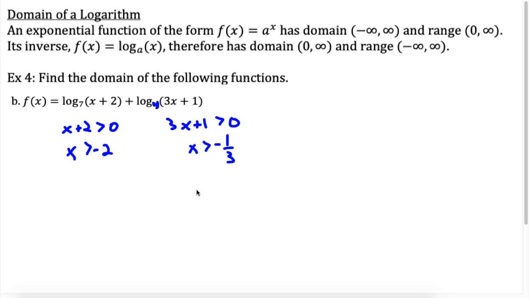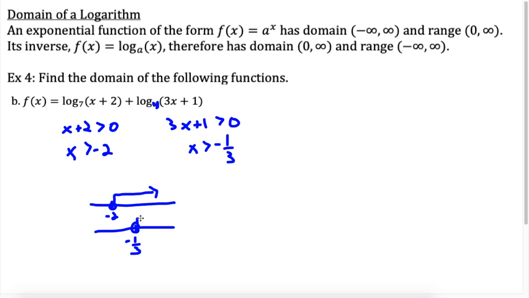So what we want to do with these 2 pieces of information is find the intersection. We've talked about this idea a little bit before. Here I'm saying I want everything greater than negative 2, and here I'm saying I want everything greater than negative 1/3.